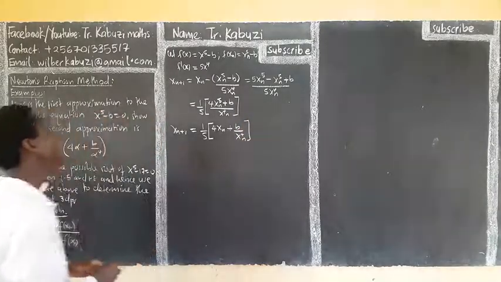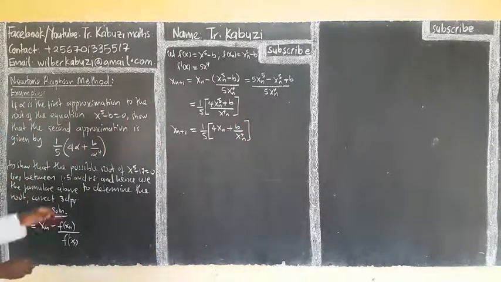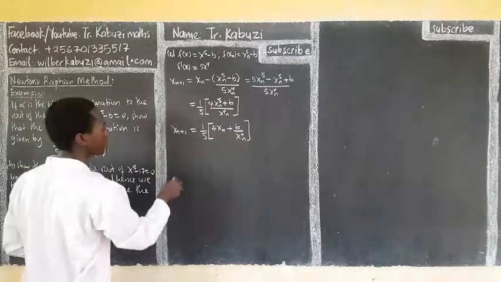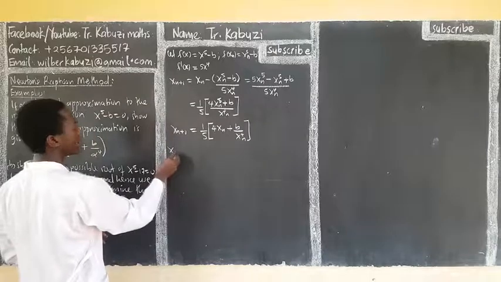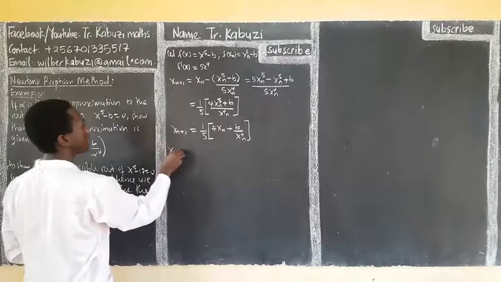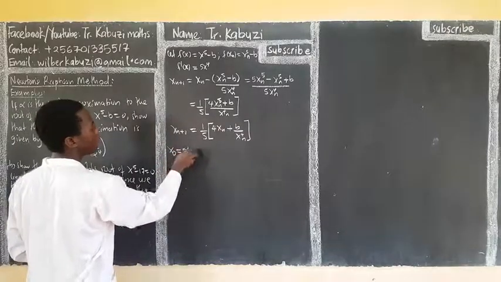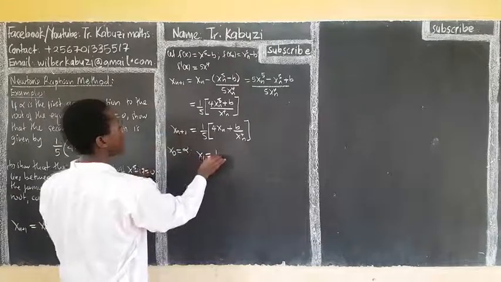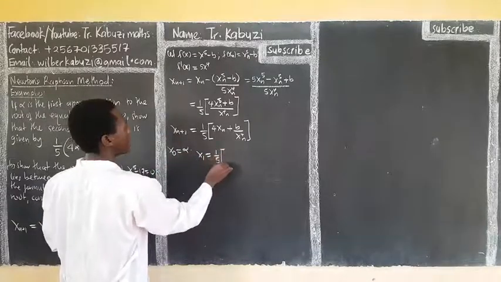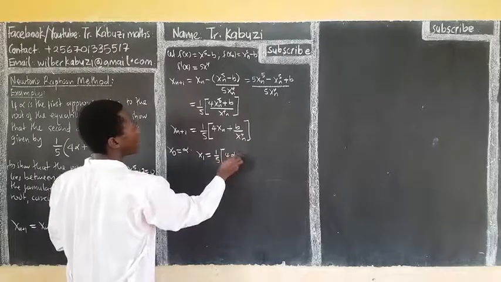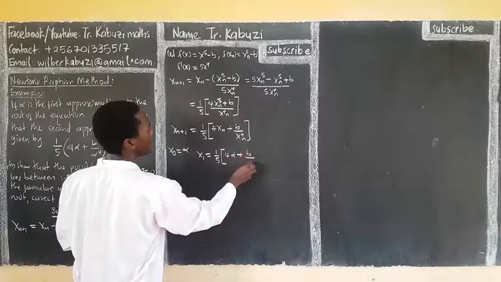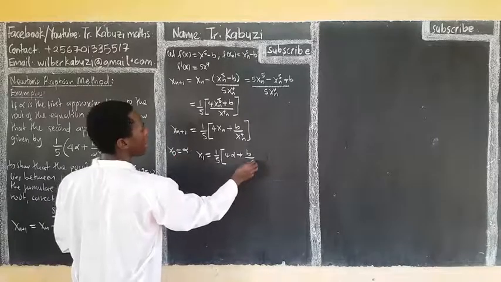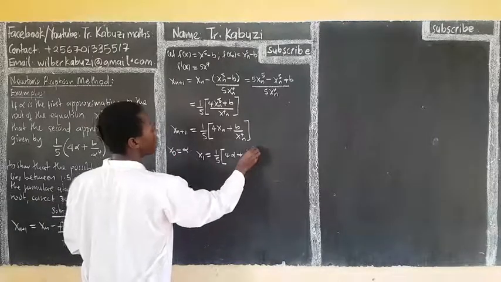Now, taking this alpha as our first approximation, taking our x0 to be alpha, this will be x1. The next root will be 1 over 5 into 4 alpha plus b over alpha power 4.